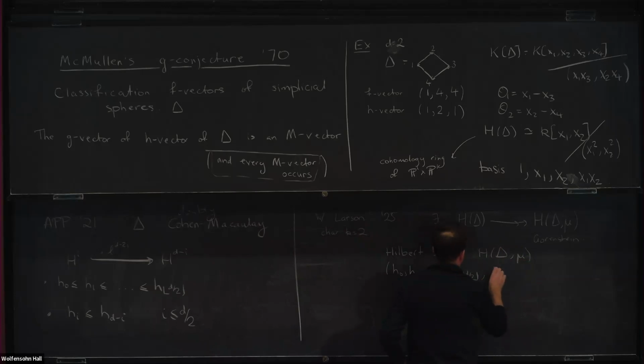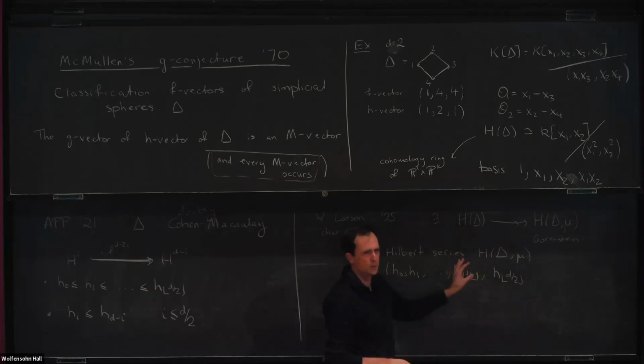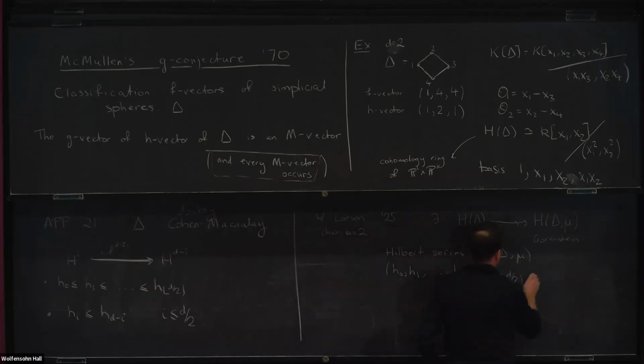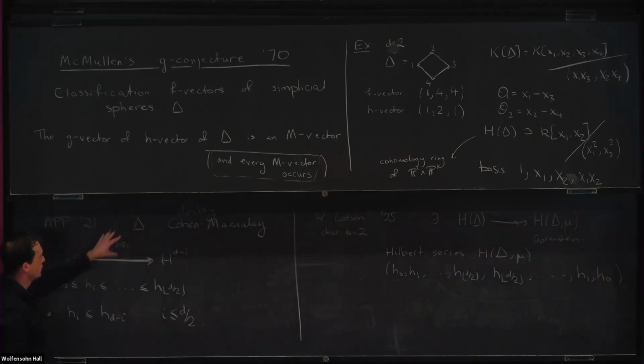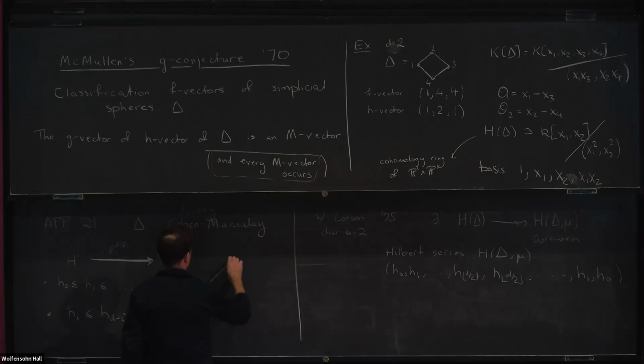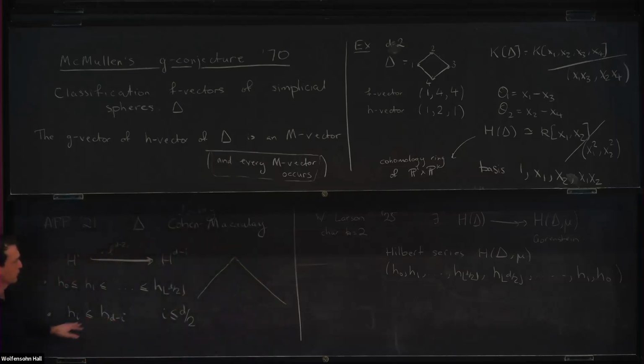You know, these might be equal if it's even or odd. So what this is saying is, over here we see what the Hilbert series of one of these guys looks like. It goes up towards halfway, and then in the second half, it's got this top heaviness.